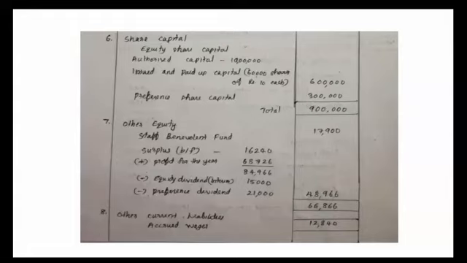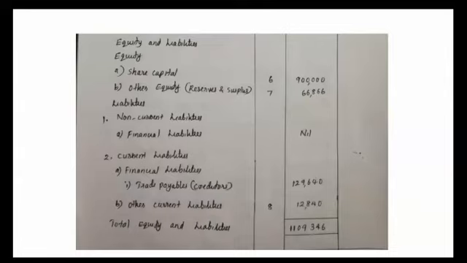It is to be deducted from the total surplus, and the balance will equal 48,966. So the total of other equity, that is the balance of surplus plus the staff benevolent fund, equals 66,866. Okay, did you enter the amount of other equity?